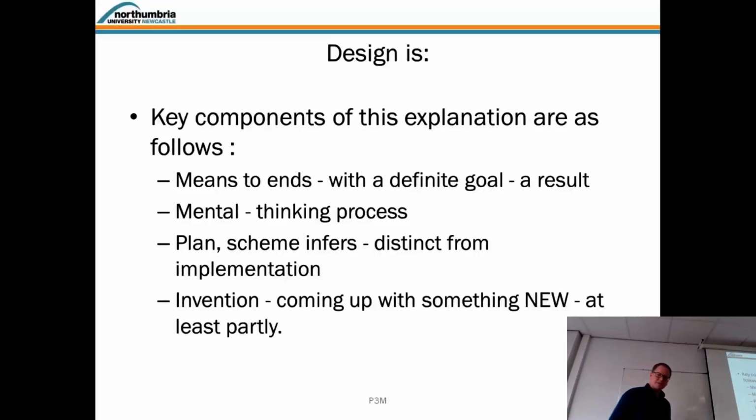Key components of this explanation are as follows. You really wanted a means to an end, with a definite goal, a result that makes it a better experience for you. This can be a smarter interface, not too many tools, maybe making things smaller, but then there was a recognition that we have a hand, so if you interact with that there's a size implication.